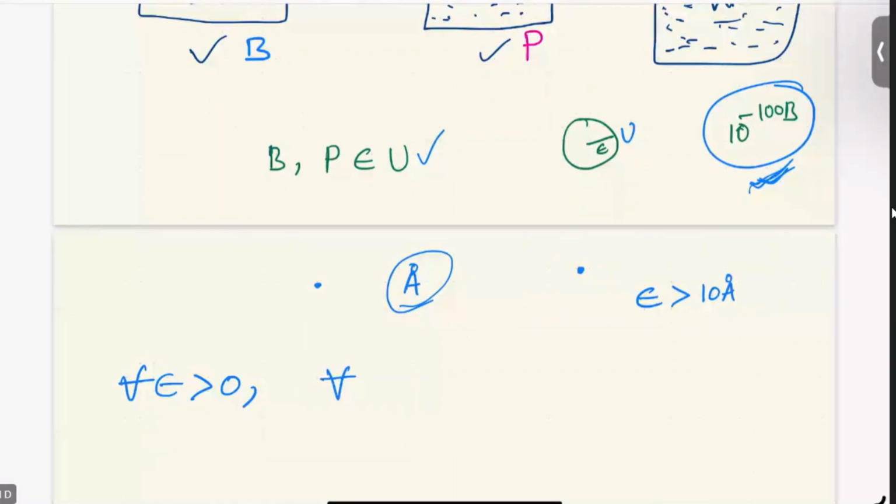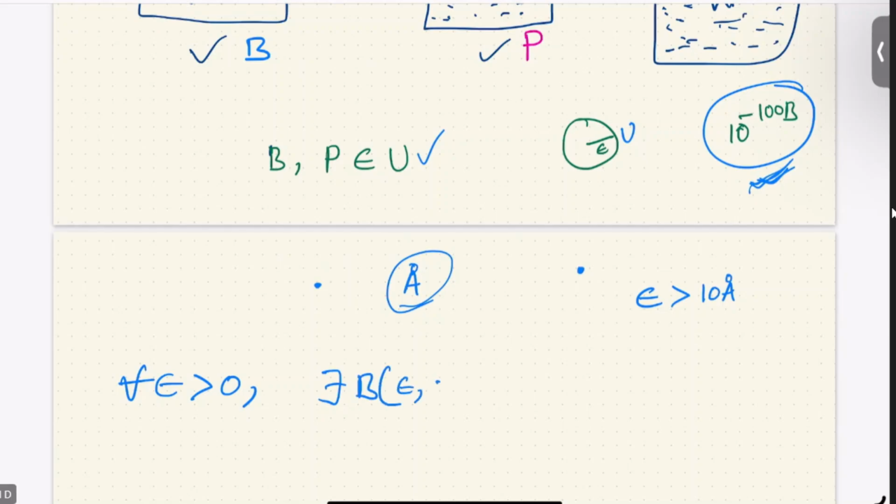For all epsilon greater than zero, there exists a ball of radius epsilon at center x, such that the ball's intersection with that set is not empty. This is what dense means, right?